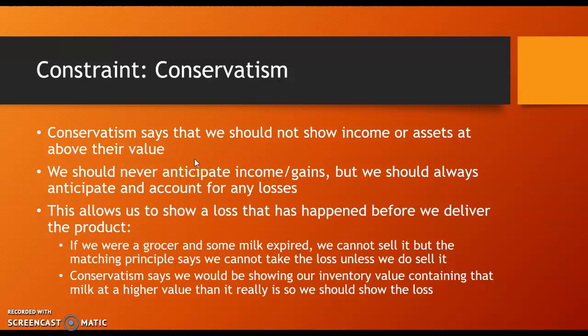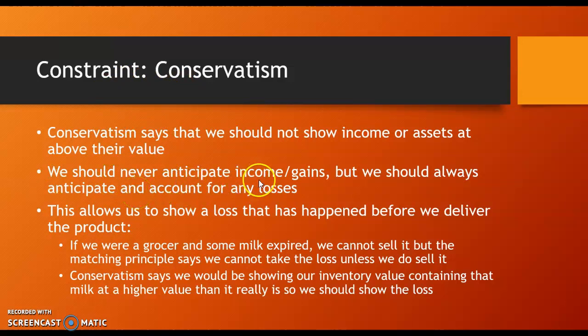So if we count that gallon of milk as part of ending inventory, which is an asset, on the balance sheet saying we still own that gallon of milk, but it's worthless, that means we're showing the assets above their true value. And so this constraint, in this case, would override the matching principle.